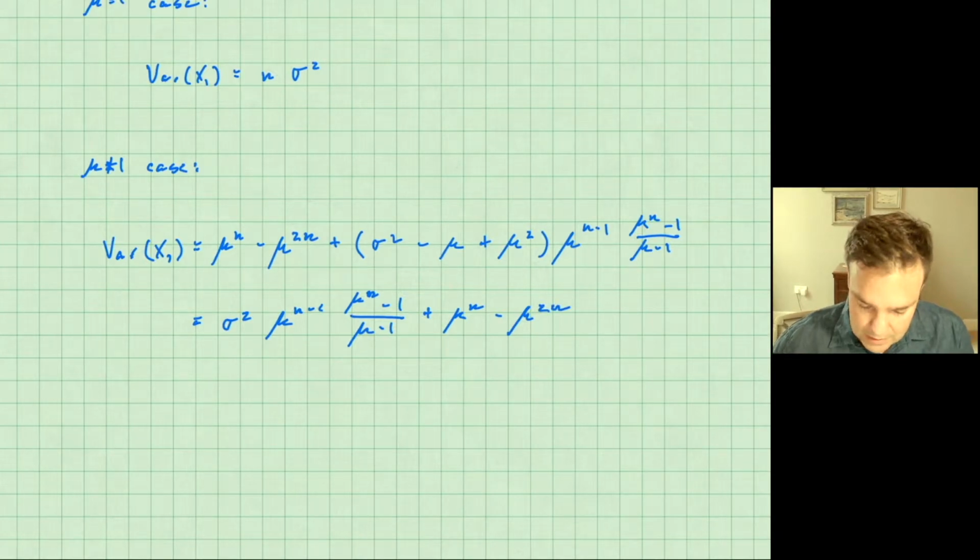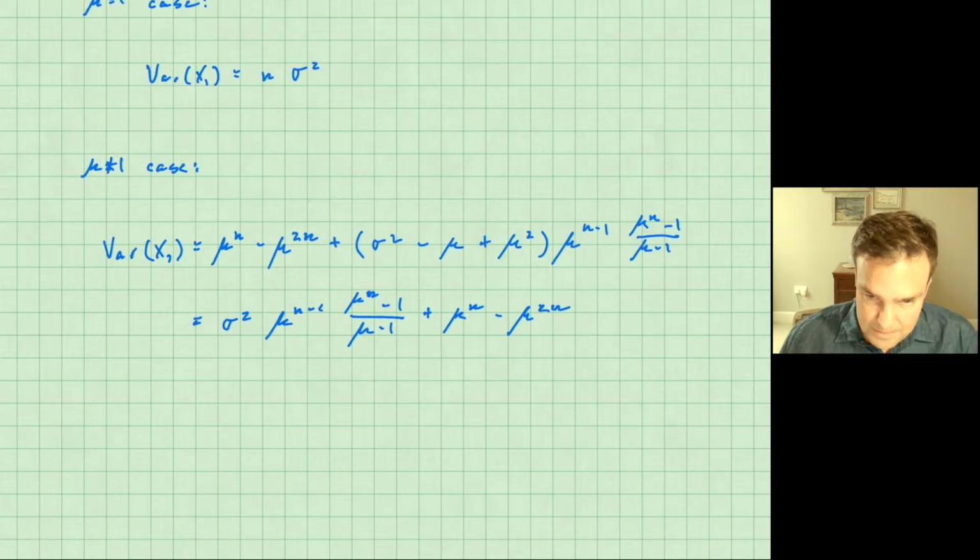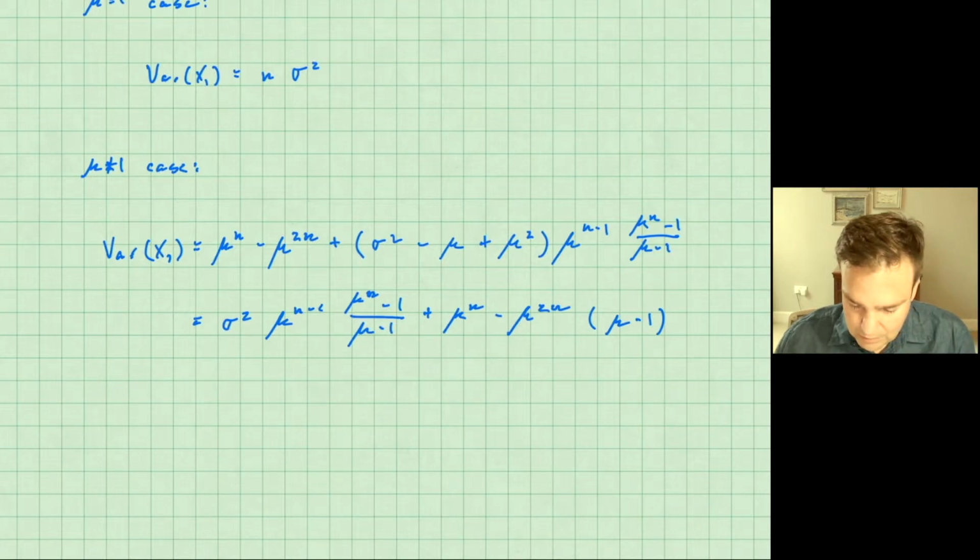Right, and then I've got, what do I have here? I've got mu minus 1 times mu to the n. Right, so this is this quantity here factoring out one power of mu.